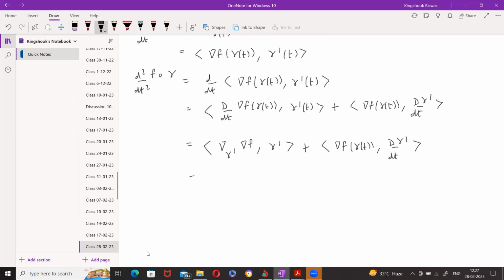The first term is just the Hessian, right? Nabla squared f acting on gamma prime, okay, plus the second term.